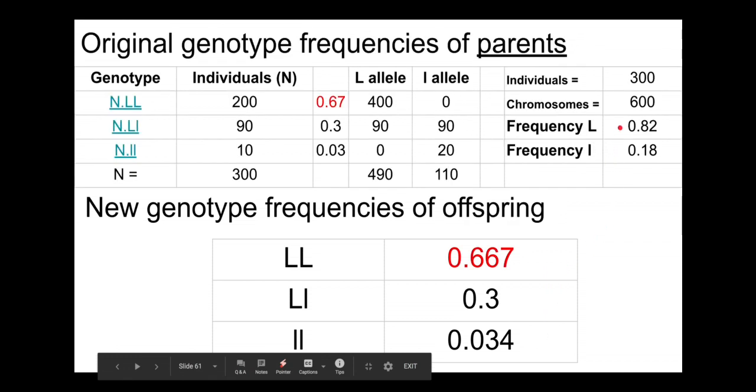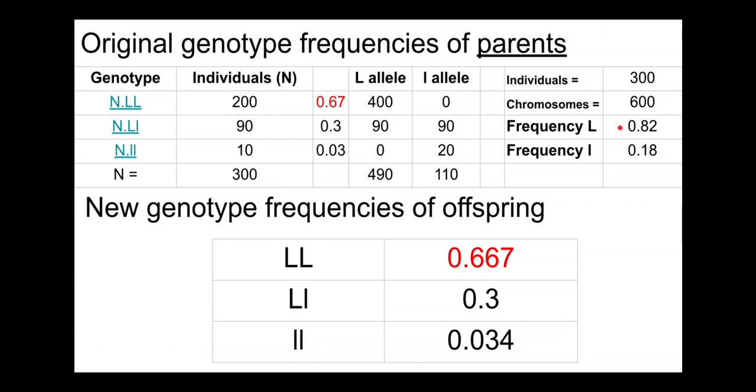Now I can compare the genotype frequencies of my parents to the genotype frequencies of my offspring. And because I stopped all evolutionary processes and mating was random, there has been no change in the genotype frequencies between the parents and the offspring.